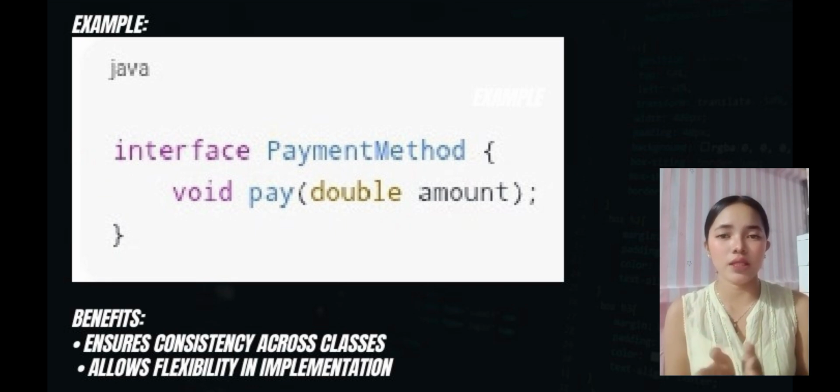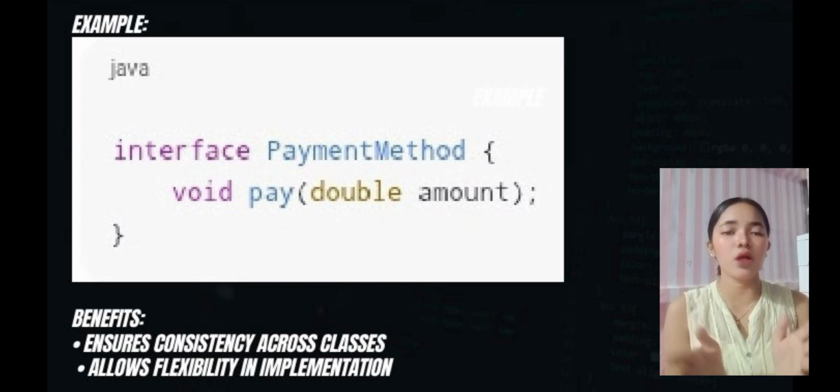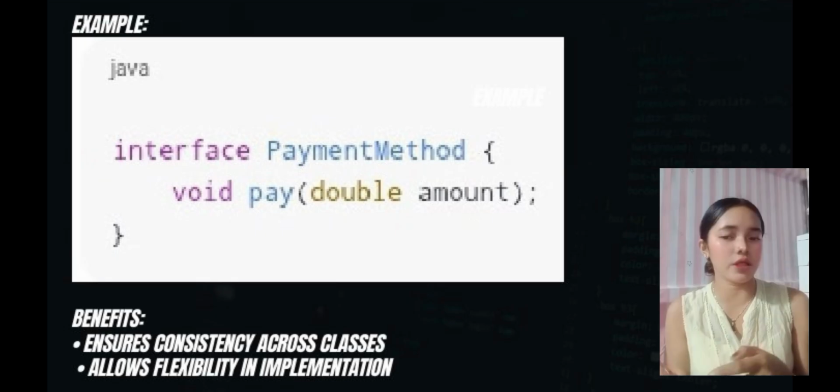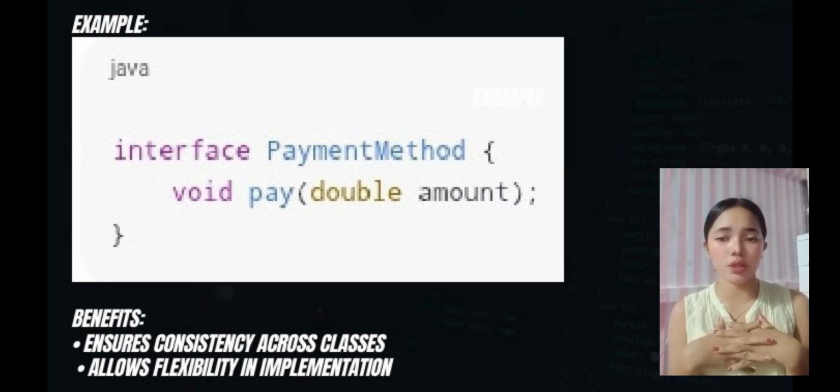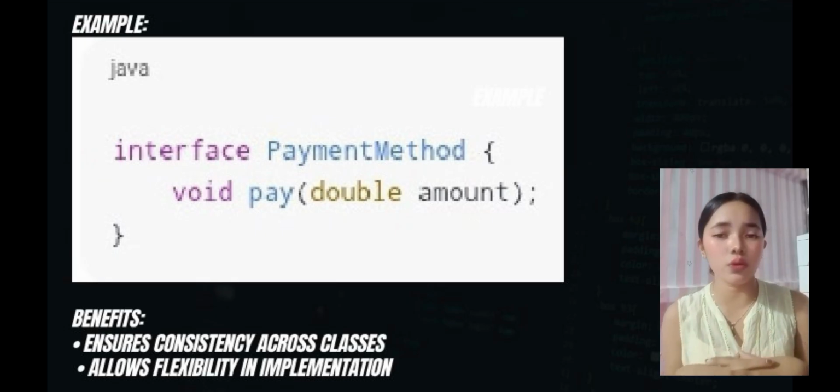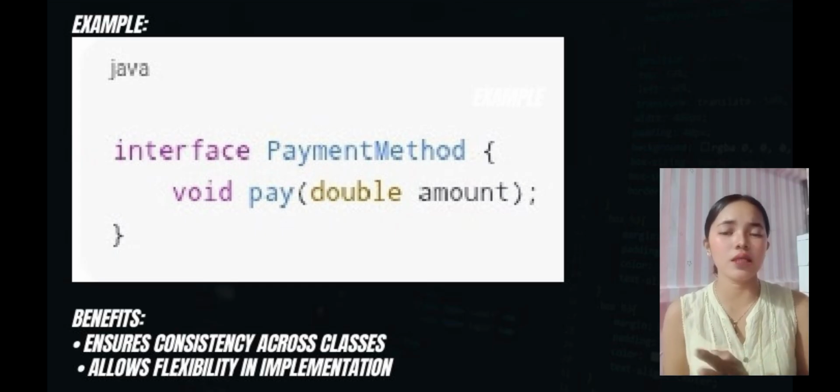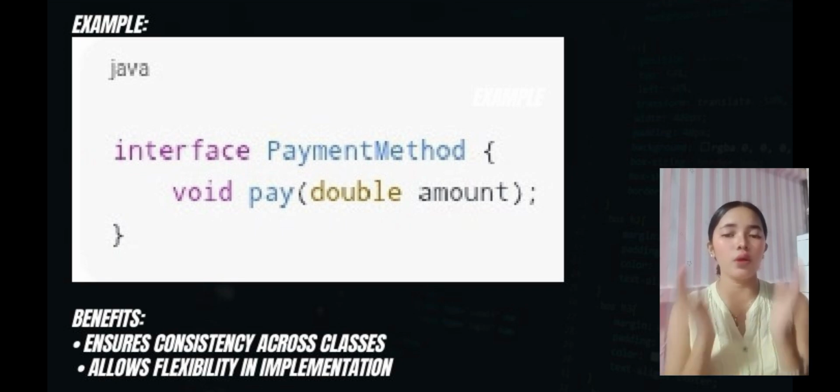All classes that implement the interface will have the same method names and signatures. Second, it allows flexibility. Each class can do things differently, like paying with cash or with credit card. So in short, interfaces define rules, methods that classes must follow, but each class can decide how to implement them.